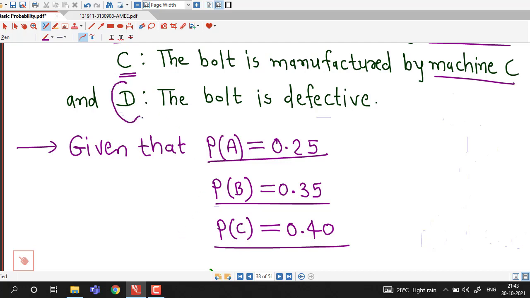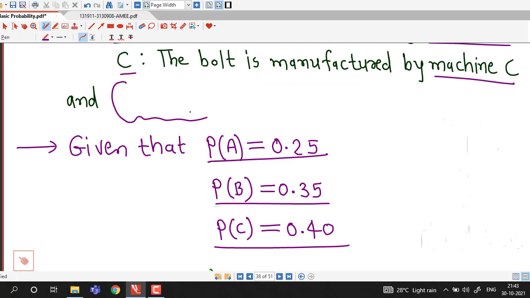Now suppose we consider event D as the bolt is defective.